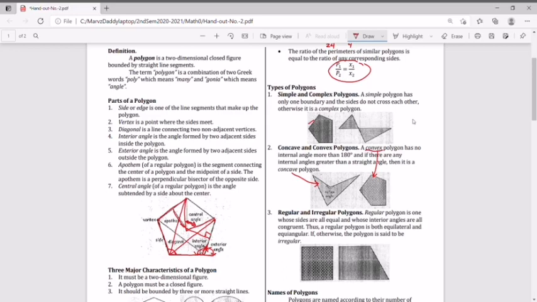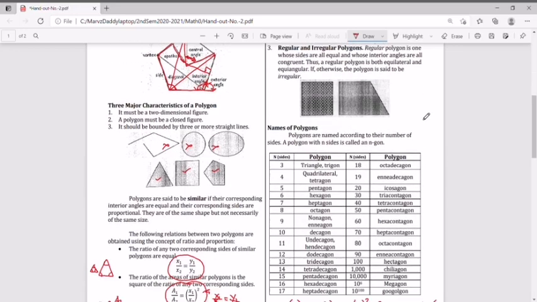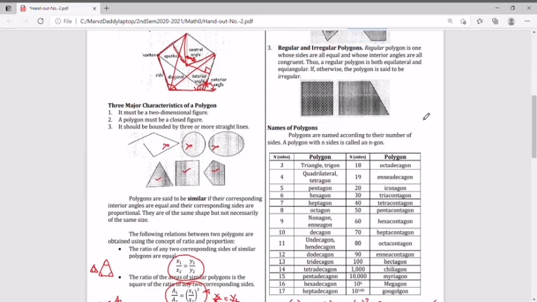Next, regular and irregular polygons. A regular polygon is one whose sides are all equal and whose interior angles are all congruent. So this is an example of a regular polygon. Its internal angles are equal, and when we say congruent, those are equal. And its sides are also equal in length. A regular polygon is both equilateral and equiangular.